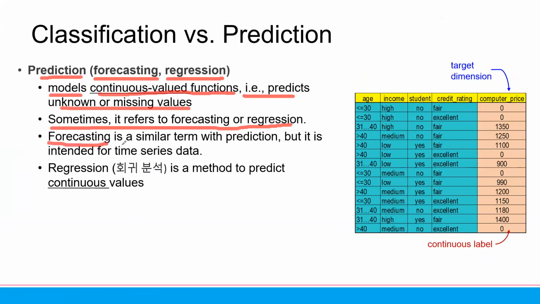Forecasting is a similar term with prediction, but it is intended for time series data. Time series data means we have the time sequence. Let's say I have the data on January 2020. And then I have February 2020, March 2020.